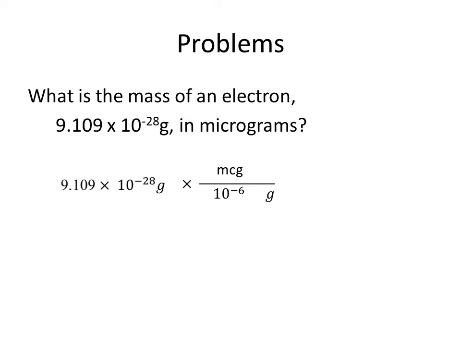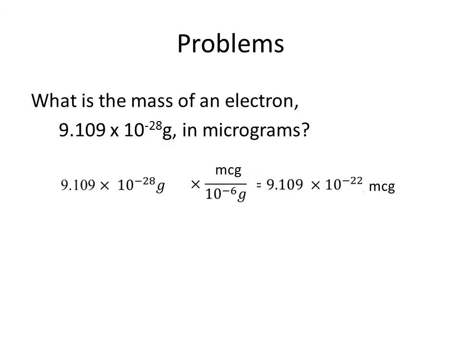Okay, so here I've put the number in. Notice 10 to the minus 6 was with gram in the equal statement, so I must make sure it's in the fraction that way. Grams are going to cancel out, and I'm going to get microgram.